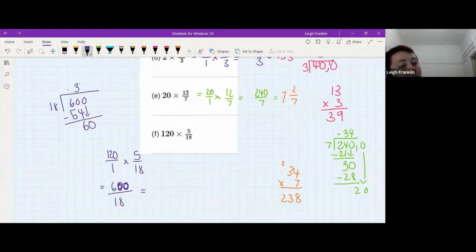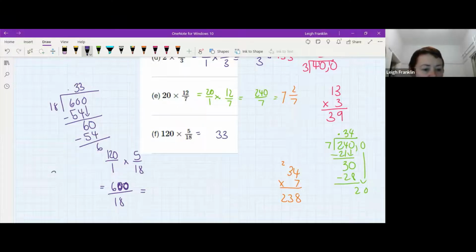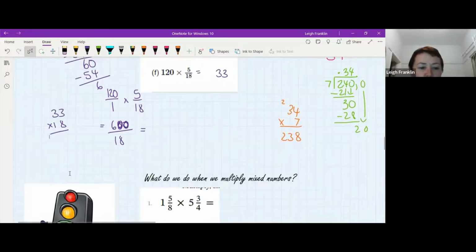So now we need to say 18 into 60. How many times does it go? Same story again, isn't it? Yes, 3 times. It would go in 3 times, absolutely. And that would give us another 54, which would give us another 6. All right, so we know that it goes in 33 whole times. And that's because 33 times 18 is going to give us how much?